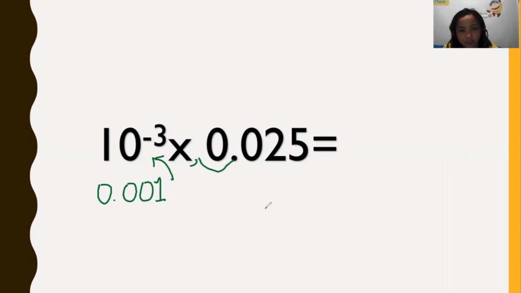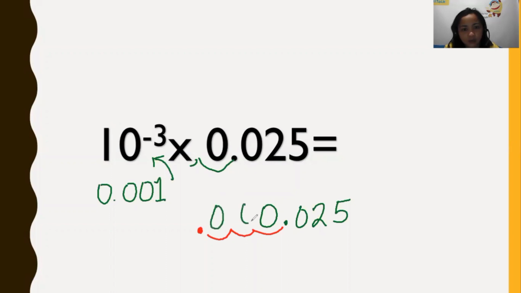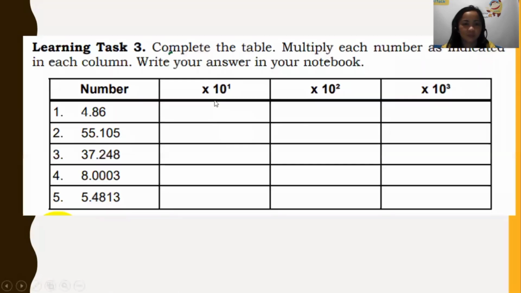Kopyahin natin. Baguhin ko yung kulay. 3 places. 1, 2, 3. Ayun na. So magdadagdag pa tayo ng dalawang 0 at isa pang 0. Burahin natin tong original. So the answer is this.